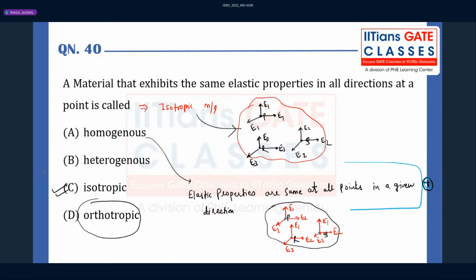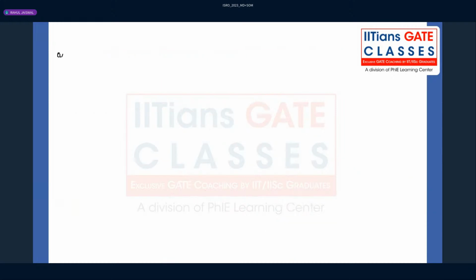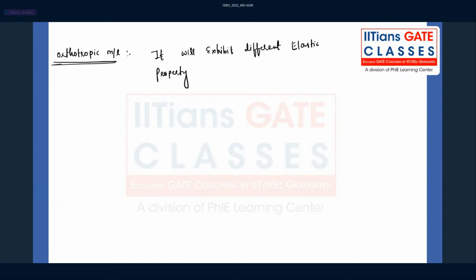So let me explain the meaning of orthotropic material. Orthotropic material will exhibit different elastic properties in perpendicular directions.